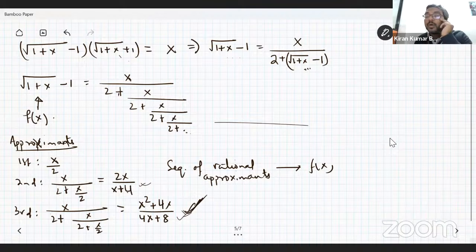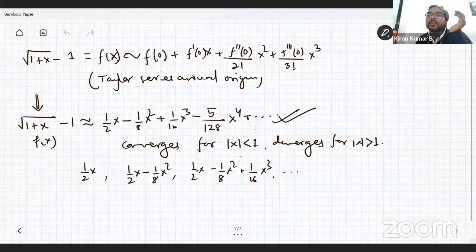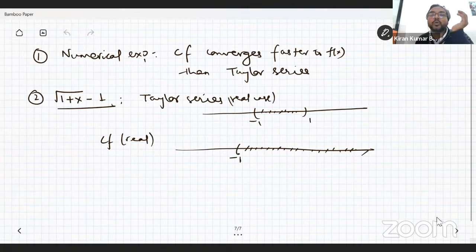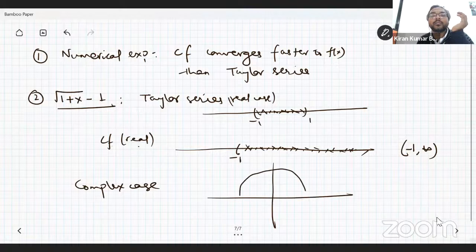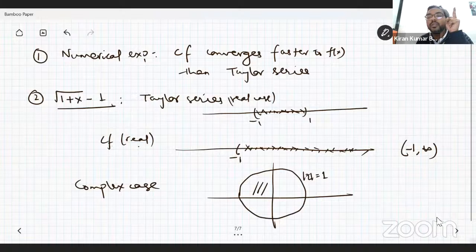So what the continued fraction expansion does is increase the domain of convergence. So the domain of convergence was this for Taylor series. For continued fraction in the real case, this is the domain of convergence, minus 1 to infinity. And in the complex case, the Taylor series converges only for mod z less than 1, within the unit disk.